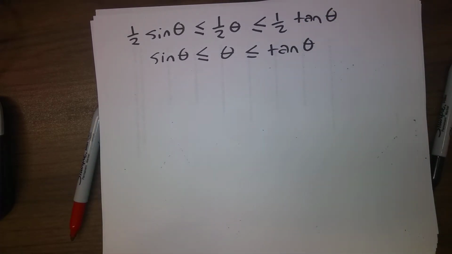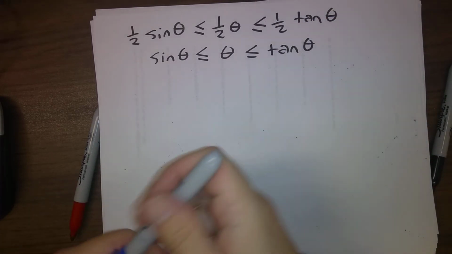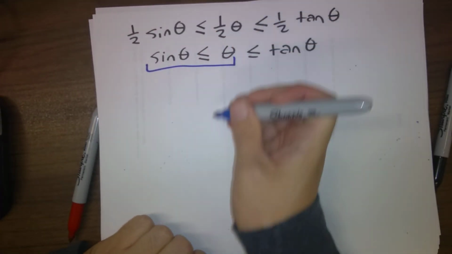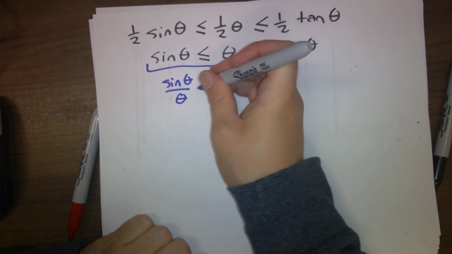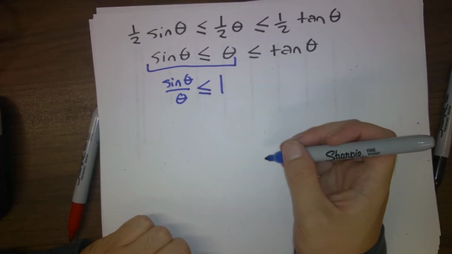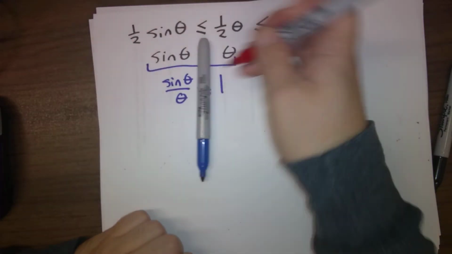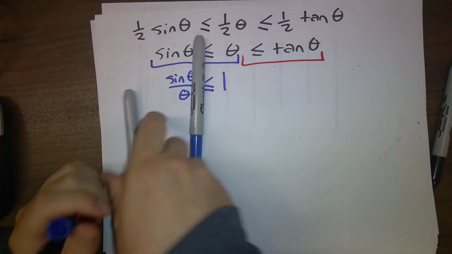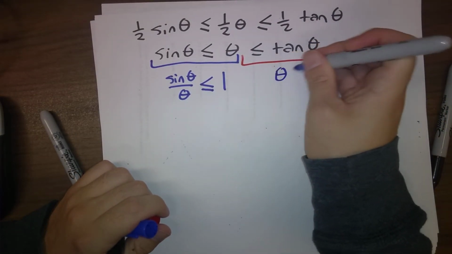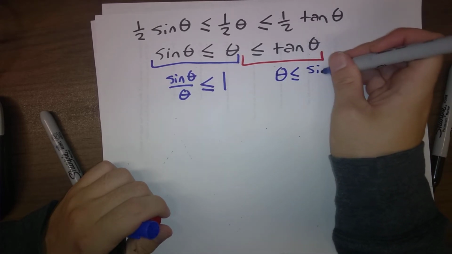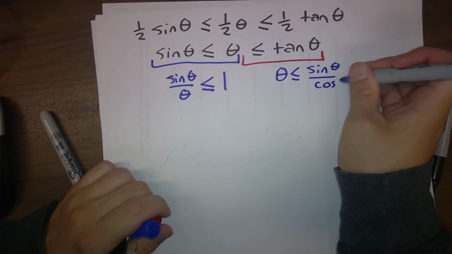So looking at this inequality, rearranging this gives sine theta over theta is less than or equal to 1. And rearranging this inequality, we have theta is less than or equal to tangent theta, which is sine theta over cosine theta.